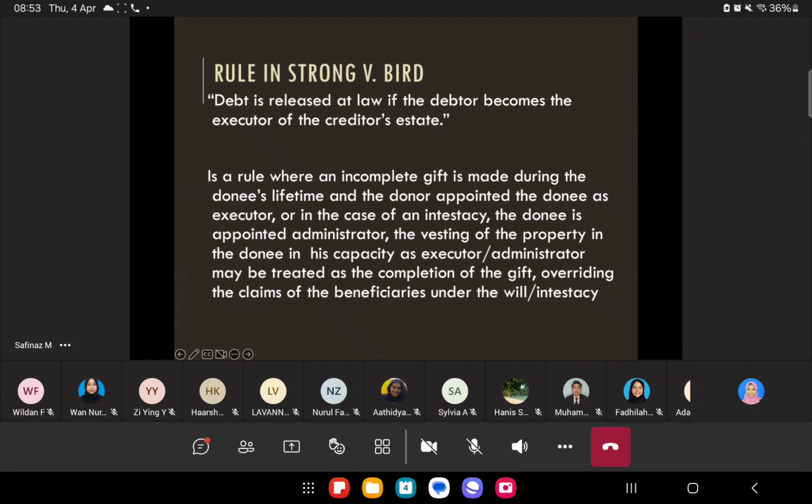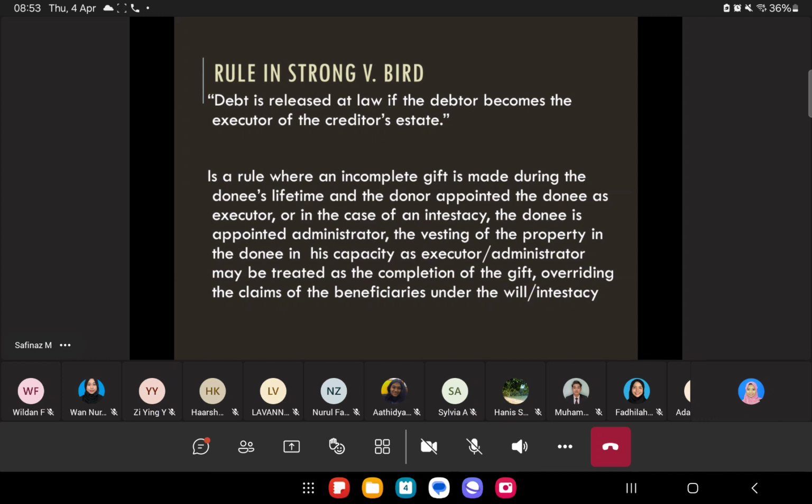So it is a rule where an incomplete gift is made during the donor's lifetime and the donor appointed the donee as the executor, or in the case of an intestacy, the donee is appointed as the administrator. The vesting of the property in the donee in his capacity as executor or administrator may be treated as the completion of the gift, overriding the claims of the beneficiaries under the will or intestacy.